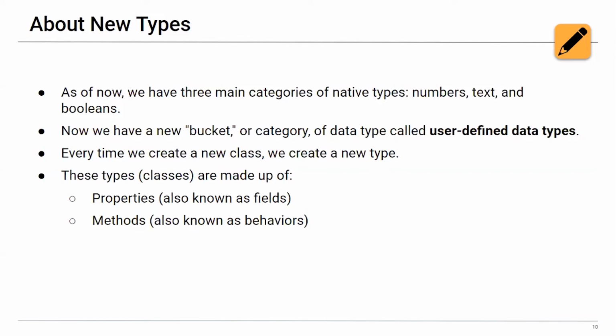Then we've got user-defined data types. So these are higher level constructs. Scanner is considered a user-defined data type. All the stuff that you made your UML diagrams out of, we're going to make user-defined types out of those. These types are made of properties and methods. We talked about that stuff yesterday. So the UML diagram, we're building toward actually defining a class and then using that to instantiate objects.